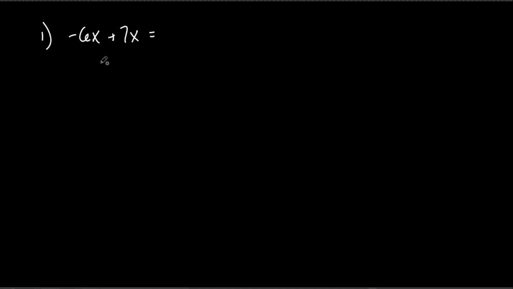So let's just watch. So here's the same situation. First of all, do we have like terms? Yeah, because they both have an x. Now, does the negative 6 and the 7, does that mean they're unlike terms? No, the coefficients can be different. So the variables have to be exactly the same. Are the variables exactly the same? Yeah, they are. So what I do is I just add the coefficients and just tag along whatever the variable is.